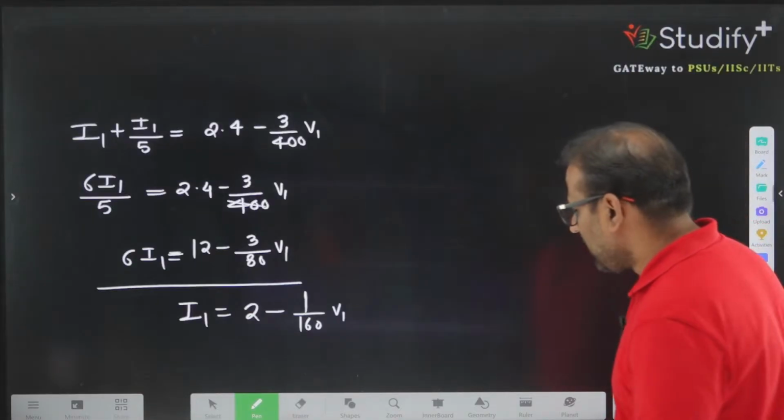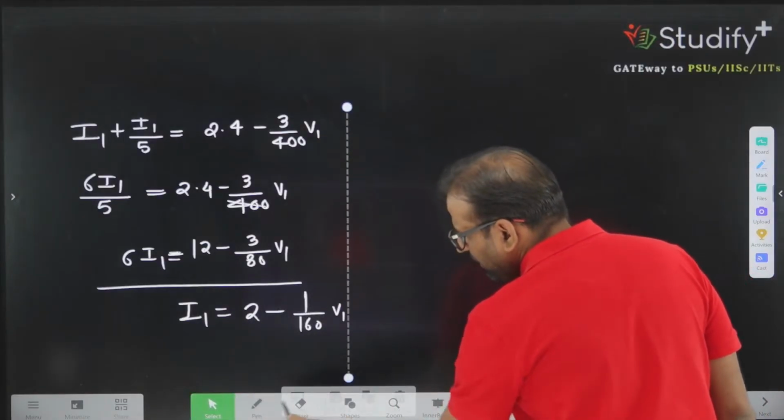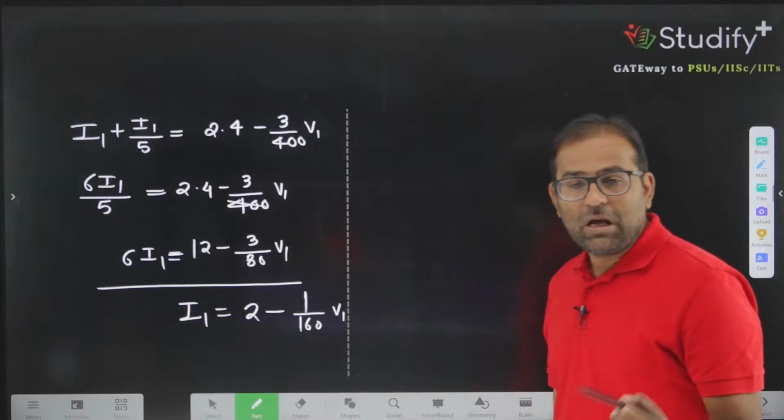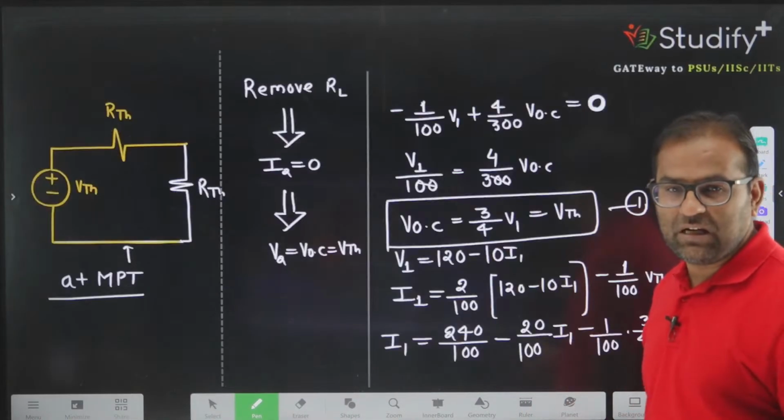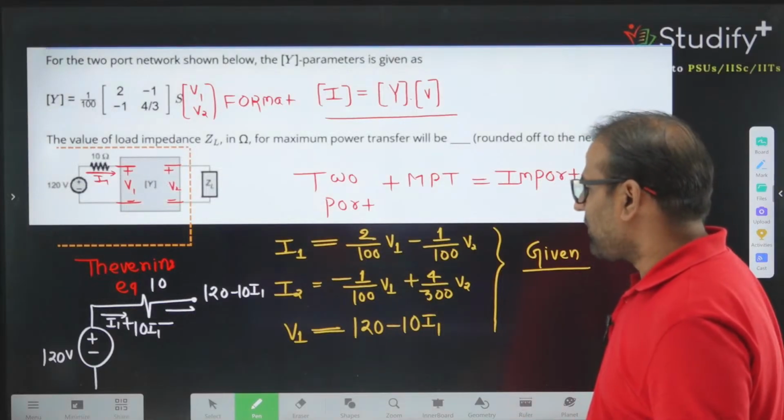Okay, one of the parts is this, and with the help of this equation we can calculate V2. Another part which they are asking in the exam is this: what is the value of ZL so that you can transfer the maximum power?